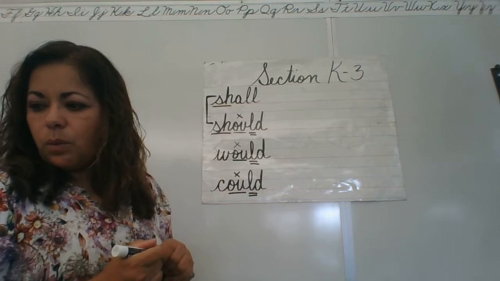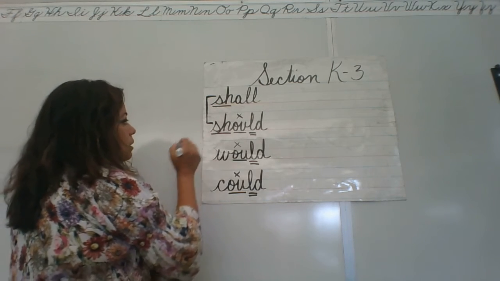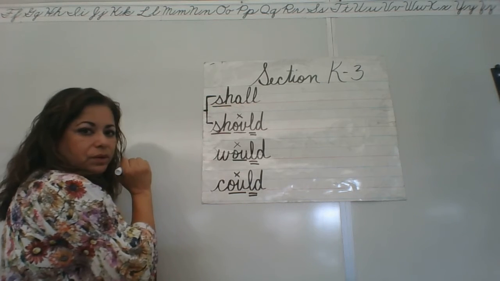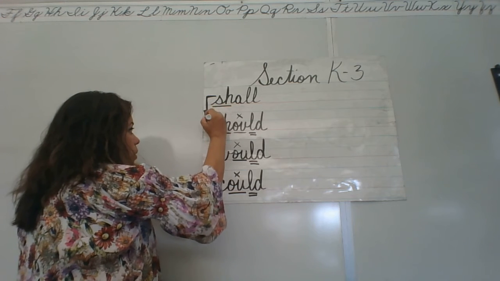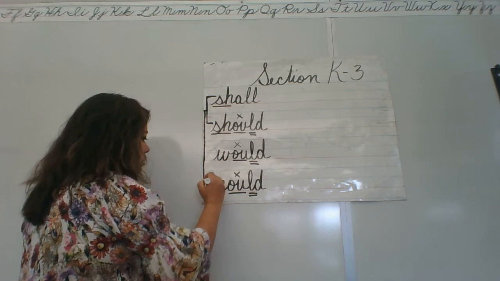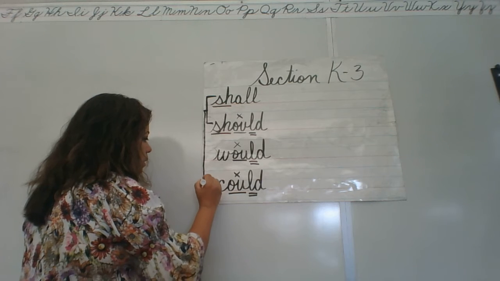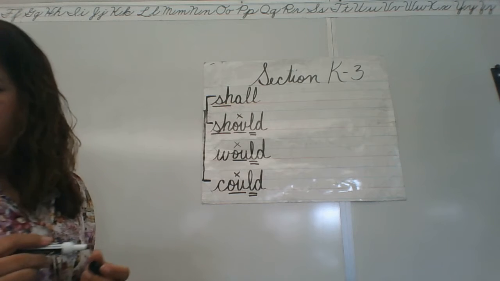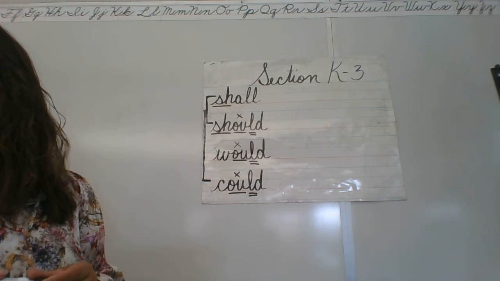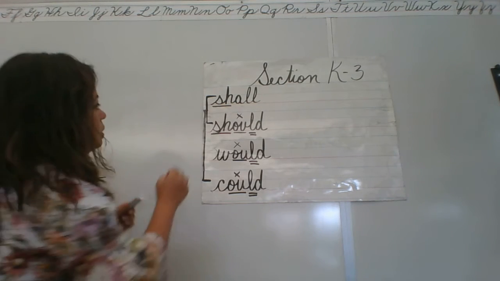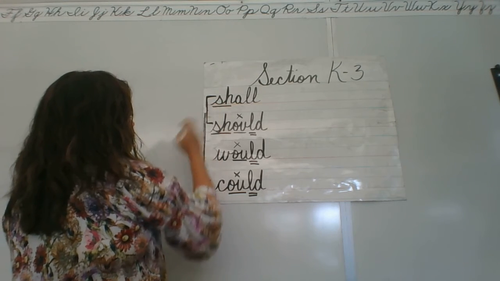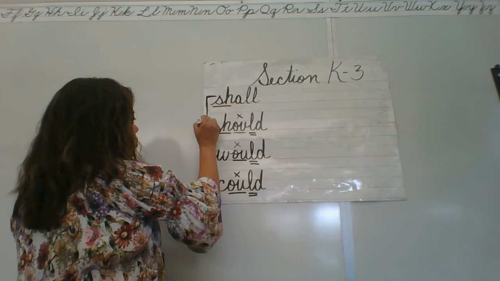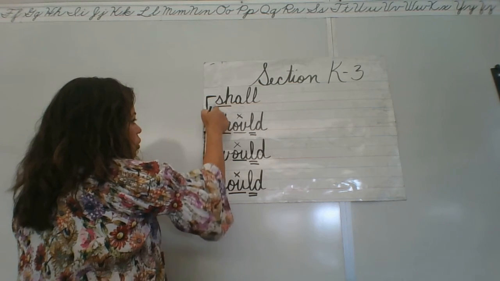Okay, now we're going to put a bracket from the middle of this bracket over here, I don't know if you can see that, and I'm going to come all the way down to could and connect them all. Actually, I'm sorry, it's going to be with should. Do it down here closer to the bottom because it just includes should, not shall.